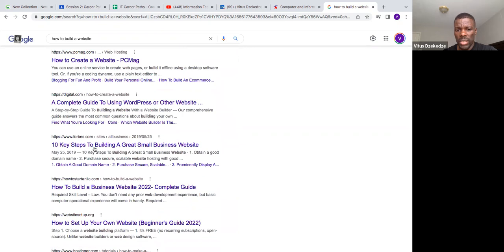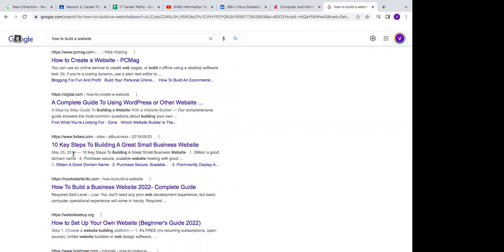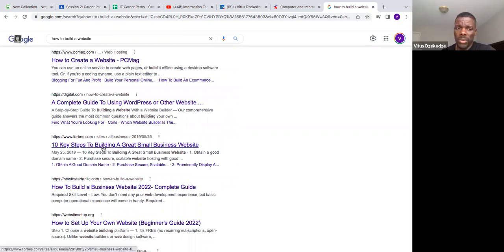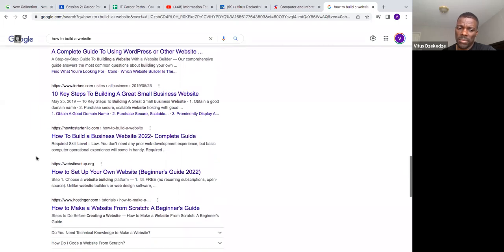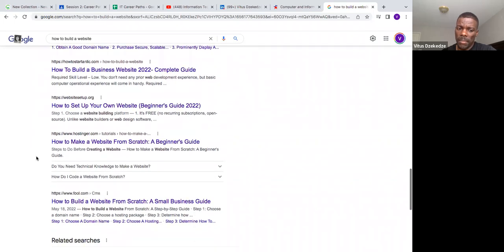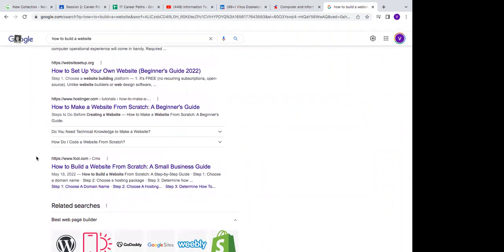These are 10 key steps of building a website. That was in 2019. Maybe there have been some changes between 2019 and 2022. It's 3 years. It's a lifetime in IT. So we probably do not want to follow these 10 steps. We're going to use the more recent steps. Make sense? Okay.